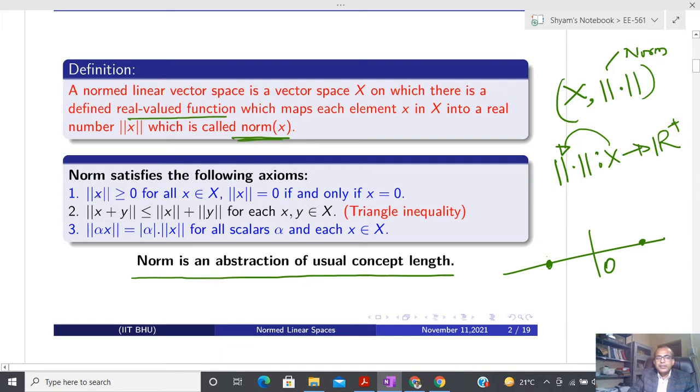The first property says that if you take any element from the vector space and put it inside this symbol, it is always greater than or equal to 0, and 0 is only allowed at the reference point. It means that if x equals 0 then norm x is 0, and norm x is 0 means x equals 0.